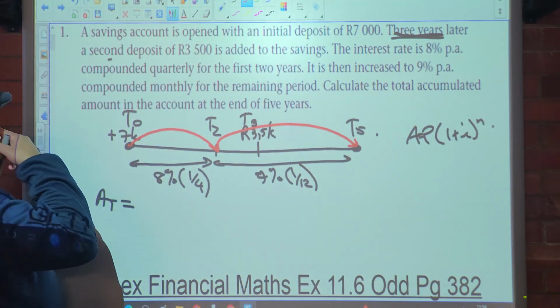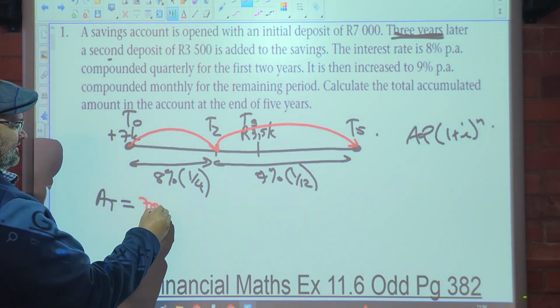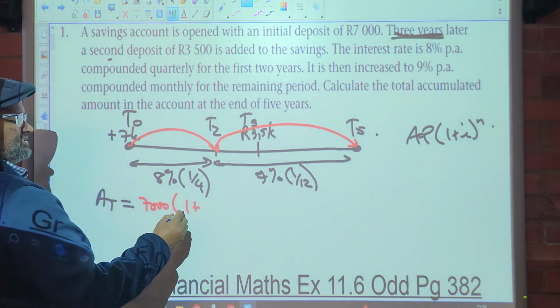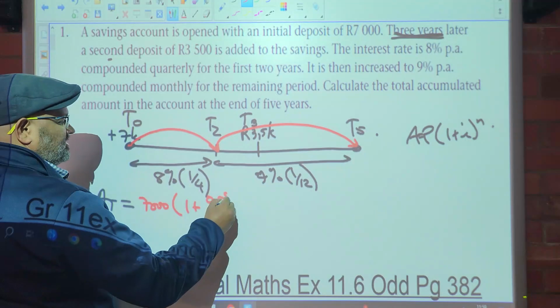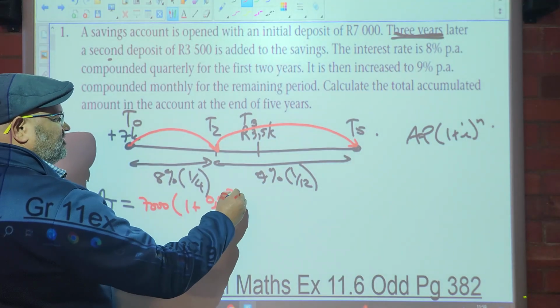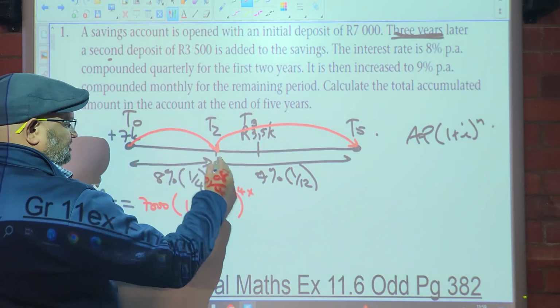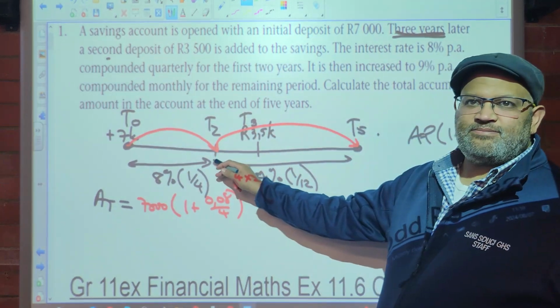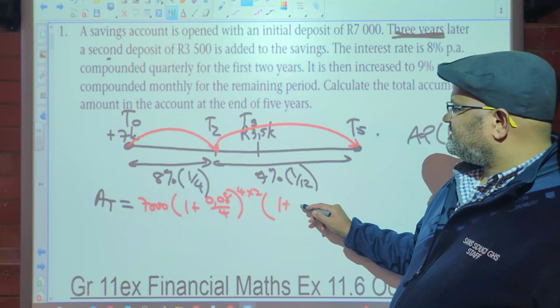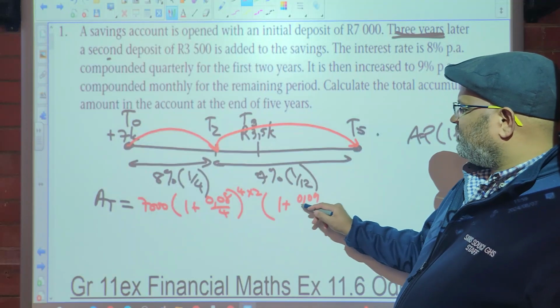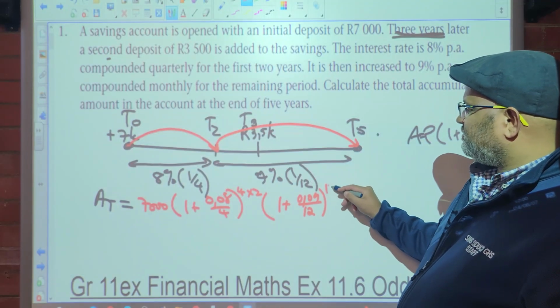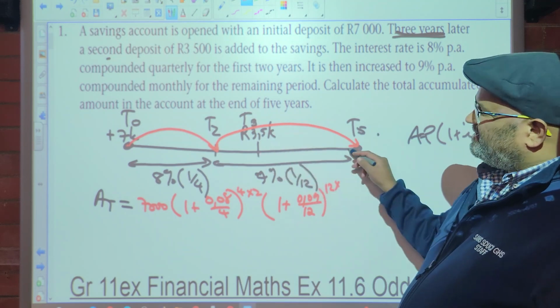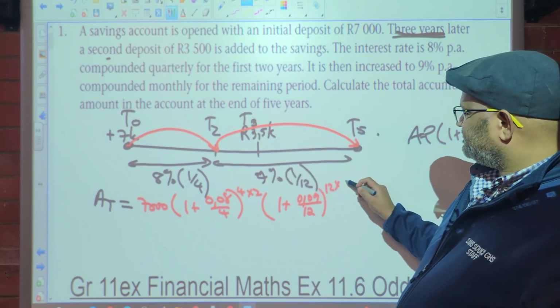You see that, people? So it's going to be 7,000 rand into 1 plus 0.08 over 4 to the exponent 4 times 2. And then that becomes your principal at this point. Then it's going to be 1 plus 0.09 over 12 to the exponent 12 times 3 years.